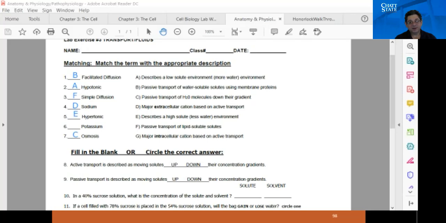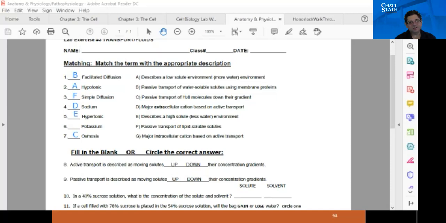They need a protein, right, to get through. But lipid-soluble solutes, they slip right on through. So we would expect lipids, steroids, and nonpolar gases like O2, CO2, methane, those examples of things that are nonpolar, that would pass through. So simple diffusion is for lipid-soluble, not water.